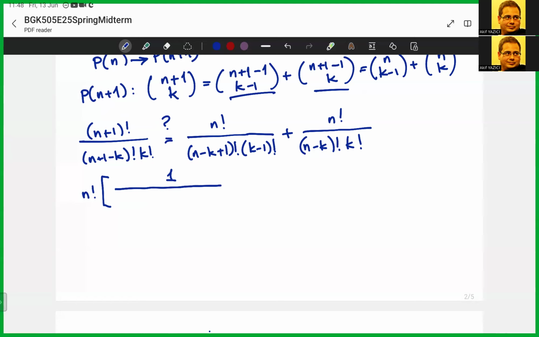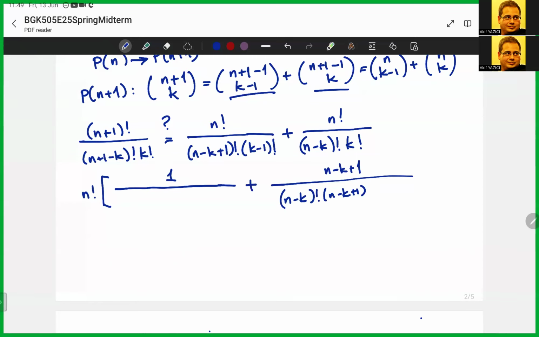So I'm going to manipulate this expression to make the denominators the same. So this is n minus k plus 1 factorial, and this is n minus k factorial. And therefore, the one on the right is missing one term to be equal to this one. So instead of n minus k factorial here, I'm going to multiply this with n minus k plus 1. So it should also go to here.